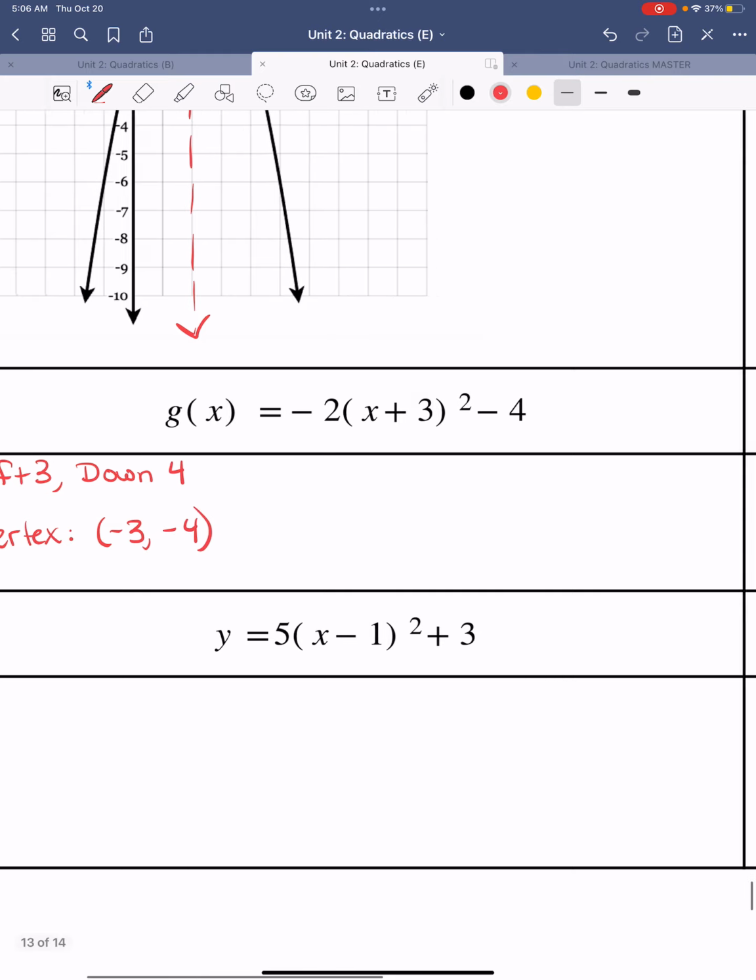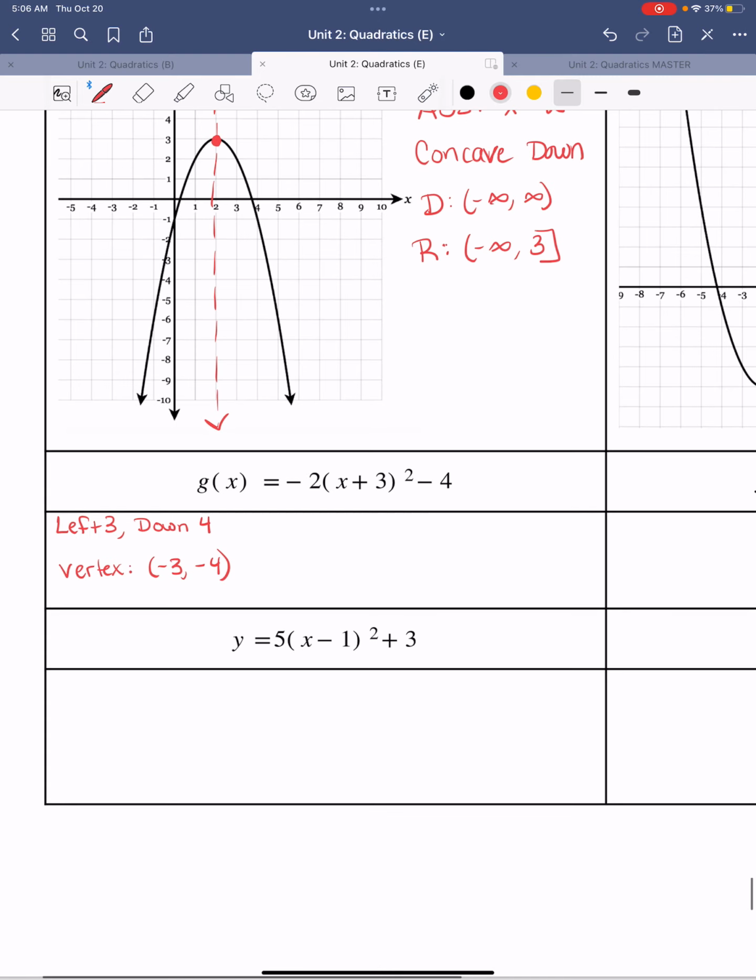And again, we looked at this before when we were looking at transformations. That's because this inside piece is like x minus a negative 3. And since it's x minus h, h must be negative 3. And then once I have my vertex, my axis of symmetry is always x equals whatever my h value is.